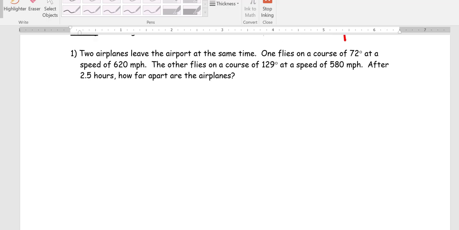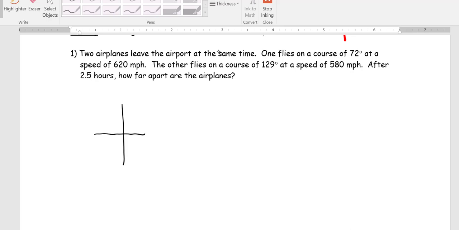The way you have to visualize these problems is as a view from way up high in the sky, looking down and seeing things moving, like airplanes moving below you. Two airplanes leave the airport at the same time. Here's the airport.